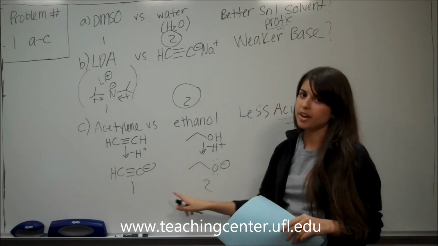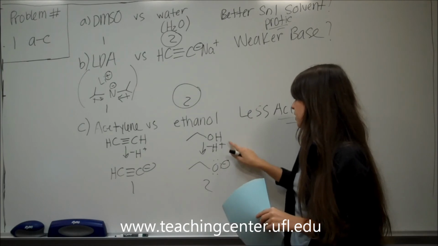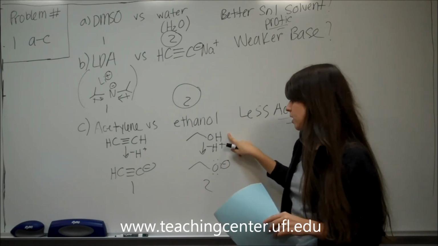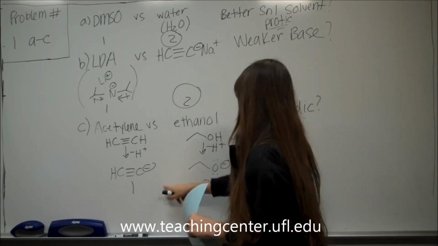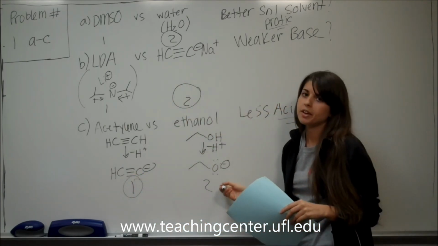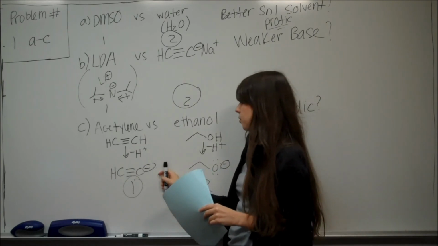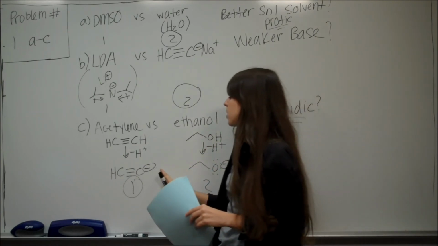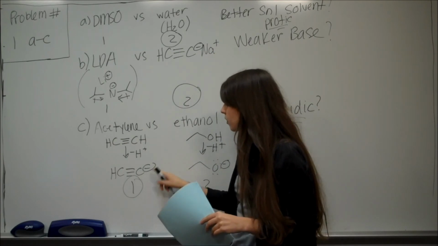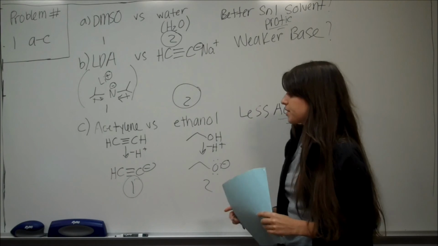Oxygen is more electronegative than carbon, so it stabilizes that charge better. So if this is going to be the stronger acid, then this is going to be our weaker one. So this one's going to be less acidic. And that's because the conjugate base for our less acidic molecule is more unstable than the conjugate for this one. So.